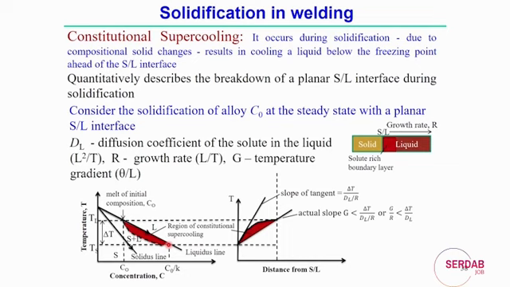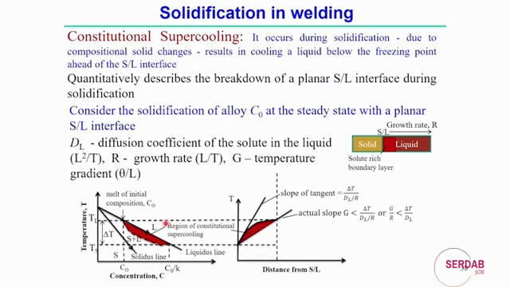So from here the composition is represented by C0 by K. Now this amount of constitutional supercooling we project onto the right-hand side figure, temperature versus distance from the solid-liquid interface. So up to what extent from the interface it can go is represented by projecting this constitutional supercooling from the temperature versus concentration graph to the temperature versus distance graph.